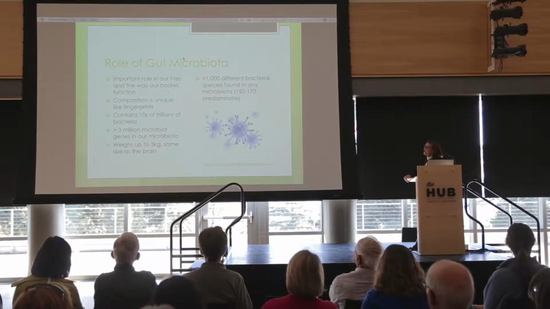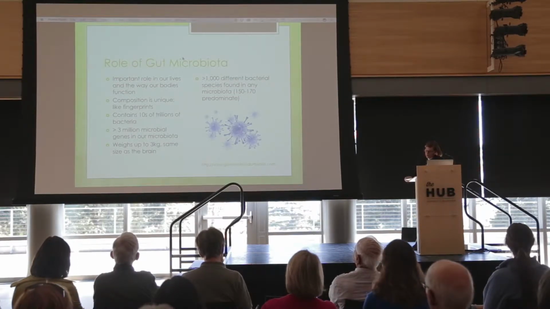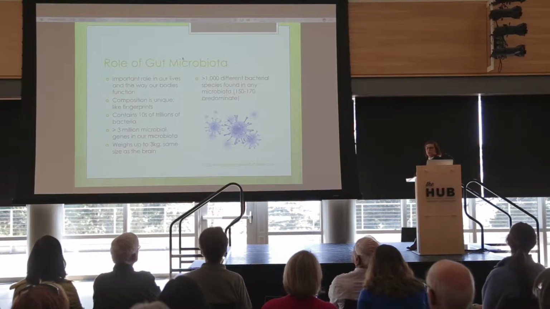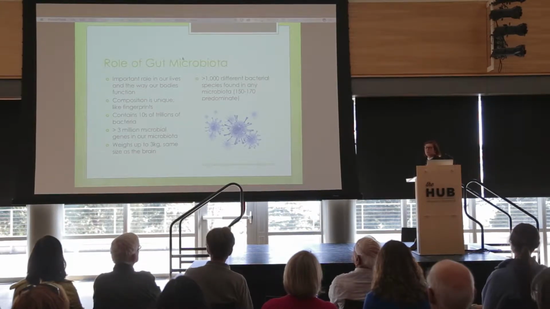So the role of your gut microbiota, it plays a very important role in our lives and how our bodies function. The composition of gut microbiota is unique to each individual. It's like fingerprints. So it's going to be different depending on who you are, where you live, your environment, and definitely your diet.